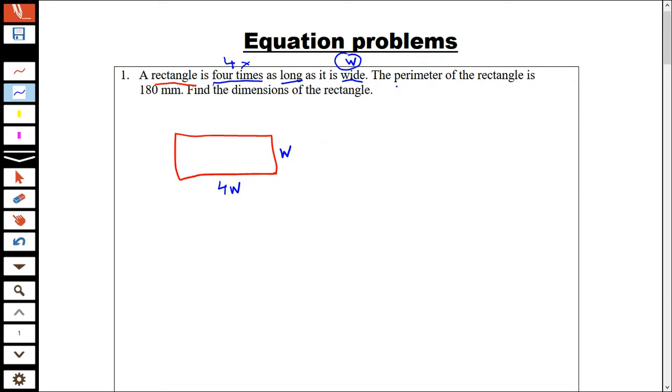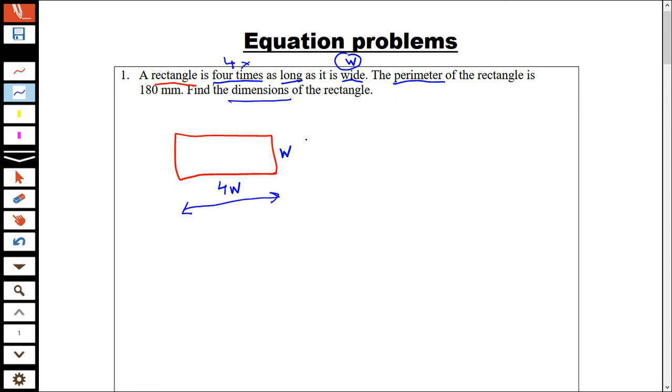Okay, the next part of the question says the perimeter of the rectangle is 180 millimeters. Find the dimensions. Now, dimensions are the length and the width.